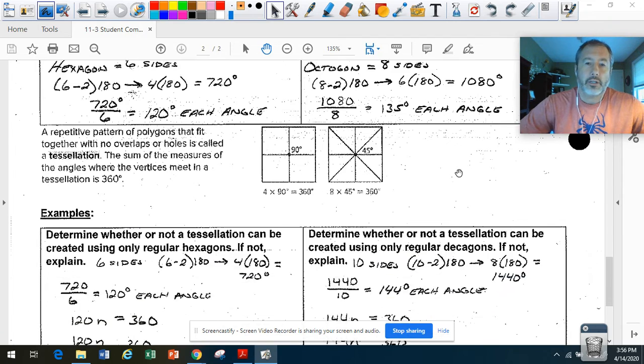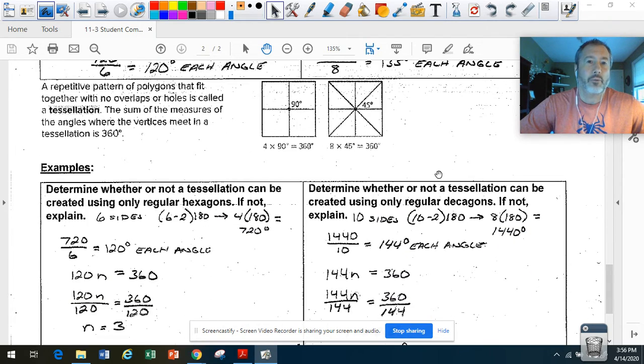Okay, look here, last couple of examples. It says a repetitive pattern of polygons that fit together with no overlapping or holes is called a tessellation. The sum of the measures of the angles where the vertices meet in a tessellation is 360 degrees.